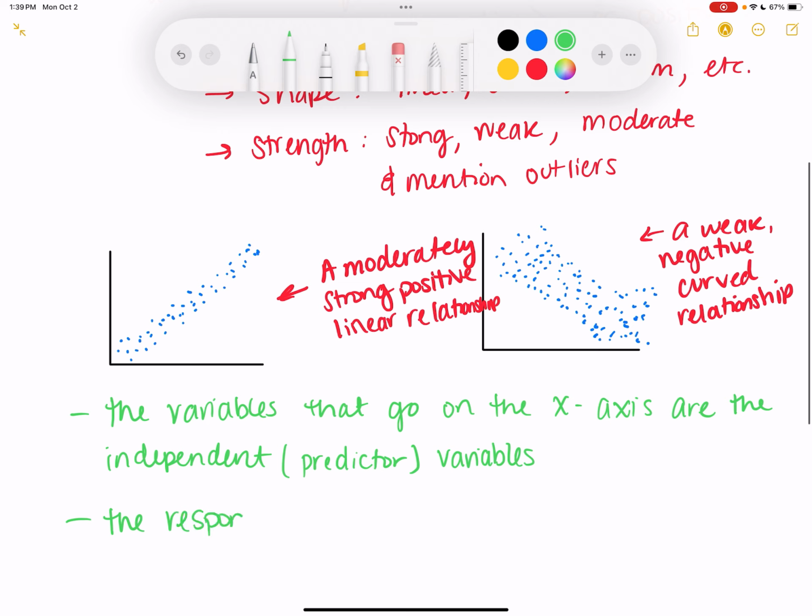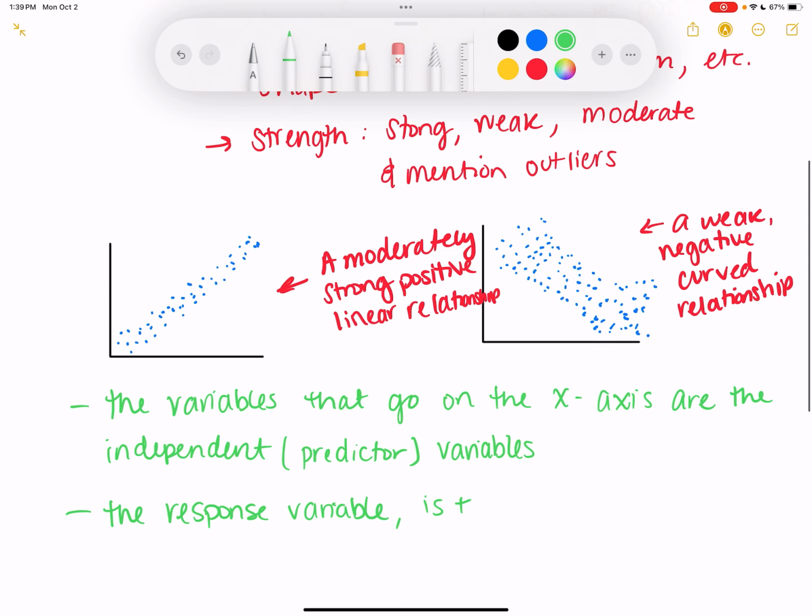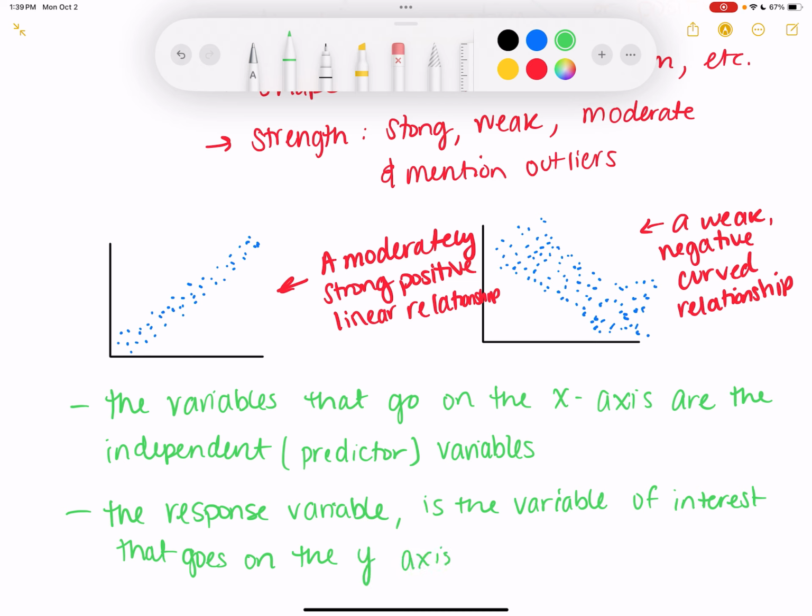Then the response variable, or like the dependent variable, is the variable of interest. That goes on the y-axis. One page down.